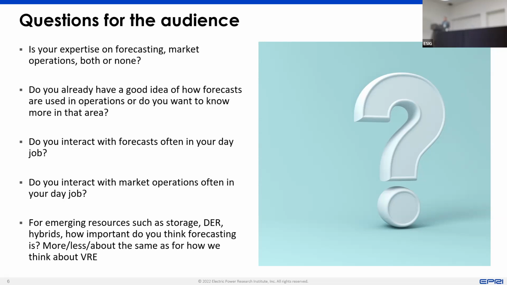And so do most people have a good sense of how forecasts are used in operations? Is that something people think that they've a good sense? Okay, less, yeah. Do you use forecasts every day in your job? Okay, most people. And then we'll get into some of these emerging resources, hybrids, DER, storage.